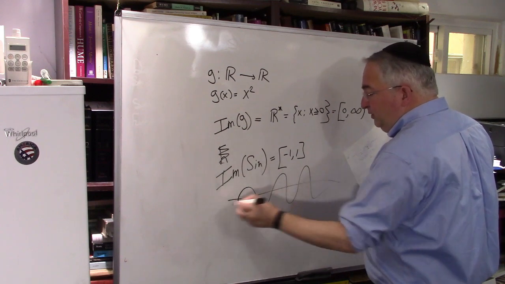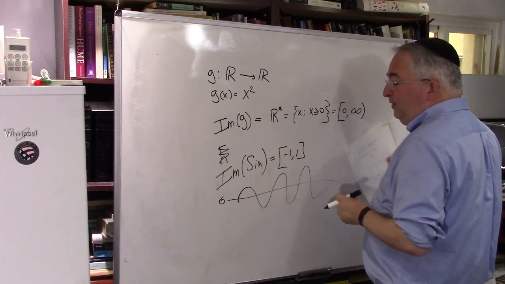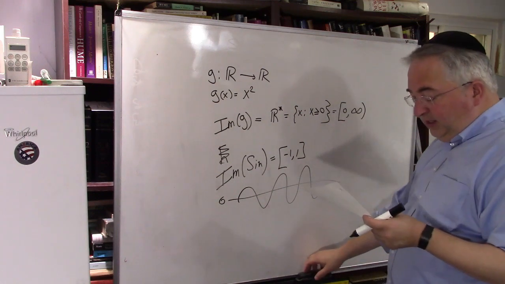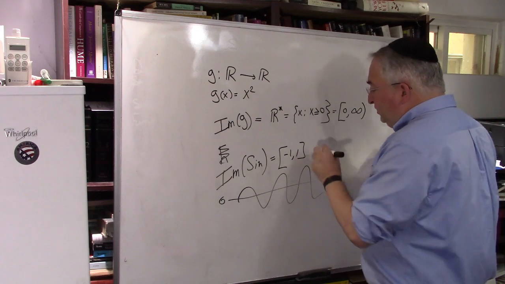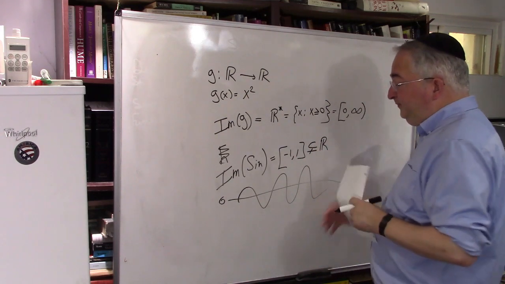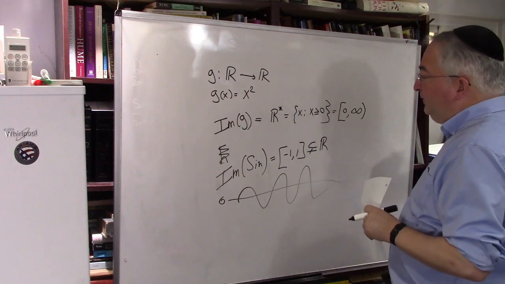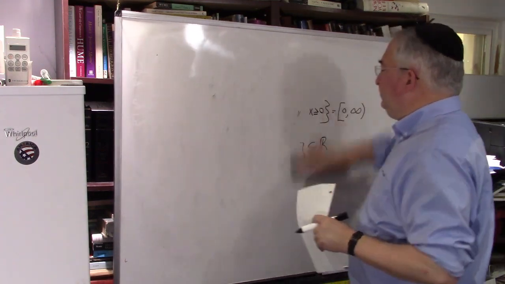Here's your 0, here's your positive 1, here's your negative 1. Any possible output from -1 to +1 is the image. So this is a subset but not equal to the real numbers. So these are images of your function.